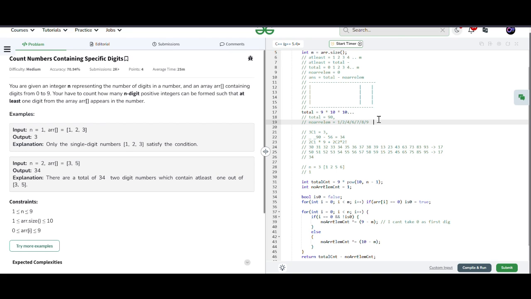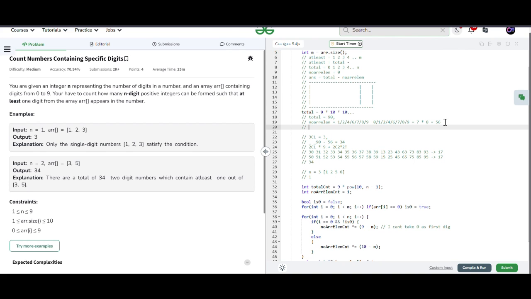Similarly for the second digit, I can take 0, 1, 2, not 3, but 4, 6, 7, 8, and 9. This time it's 8 possibilities. So in total it would be 7 into 8, which is 56. Total 56 numbers I can generate without using any of the digits from the array. So what will be my answer? 90 minus 56, which is 34.